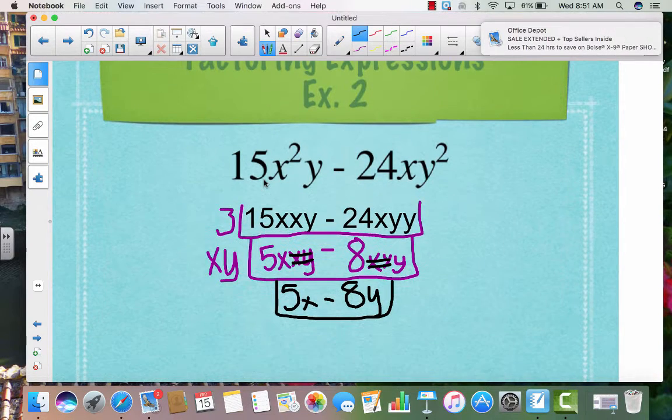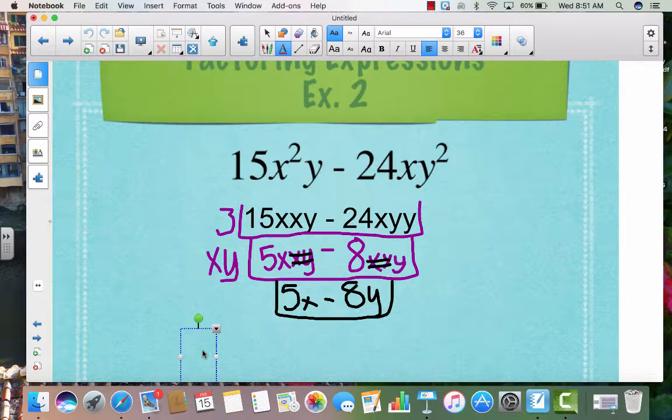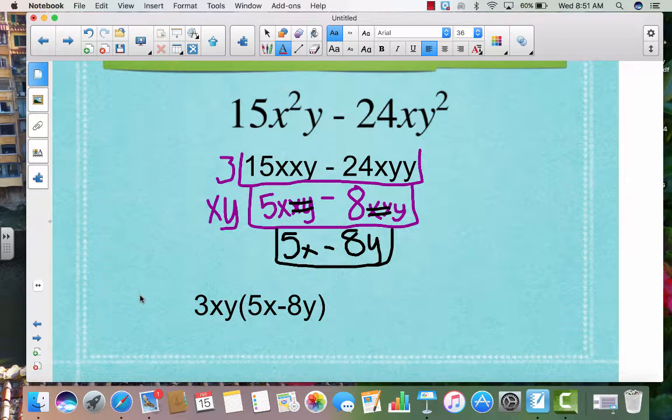So at this point, I am ready to put together my factored expression. So I take the side terms, which is 3xy, that's my GCF, and I multiply that by my bottom layer of cake. And there's your factored expression.